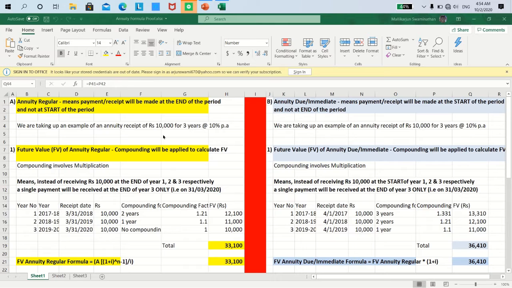So net, the objective of this Excel sheet is to help you understand the benefit of using the formula that you've learned starting with the GP finite series.